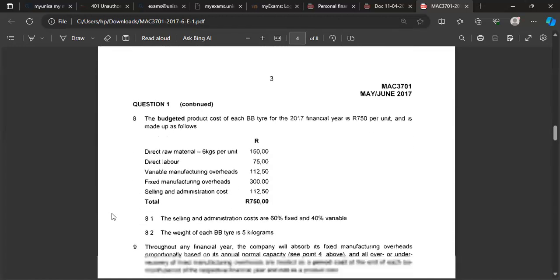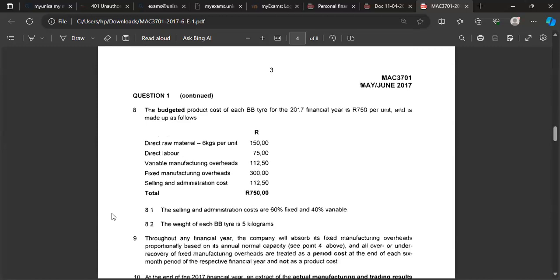Maybe you might want to ask the question why I'm not using something else. Suppose there was a budgeted production level of 5,000, and then we had a normal capacity of 6,000. The big question would be, which one would you choose between the budgeted 5,000 units and the normal capacity of 6,000? The correct one to use there would be the 6,000.